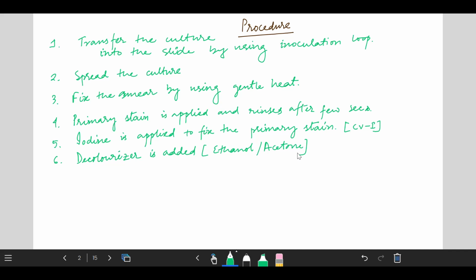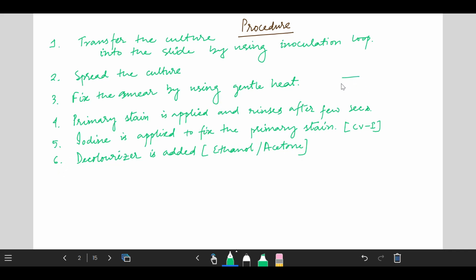Now, we need to remember a tricky note that in gram-positive bacteria, peptidoglycan content is high. But in gram-negative bacteria, lipid content is high. So, when we add decolorizer, the CVI complex that is formed is not removed from the peptidoglycan cross-linking, but due to higher lipid content, the CVI complex dissolves through the lipid layer and is removed in case of gram-negative.